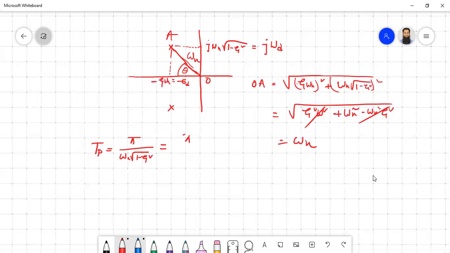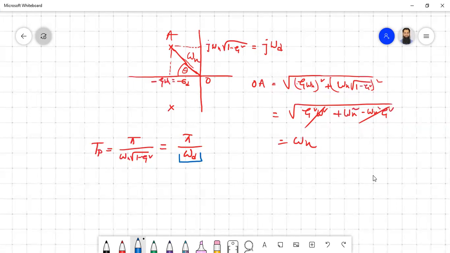So pi by, this is nothing but omega d. So the imaginary portion of the pole location is actually controlling the peak time. If the imaginary portion is higher, peak time is lower. If the imaginary portion is lower, then the peak time is higher, inversely proportional. So we can easily relate the imaginary portion of the pole location with peak time.